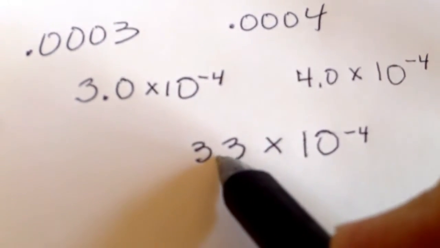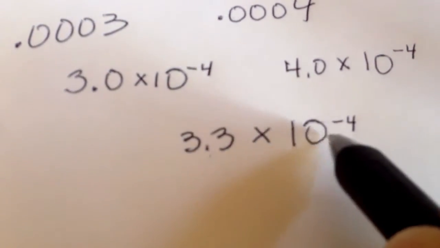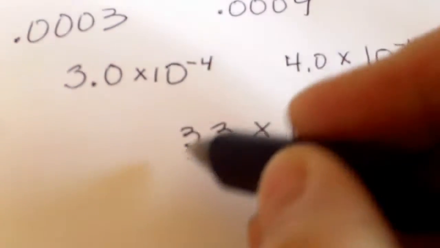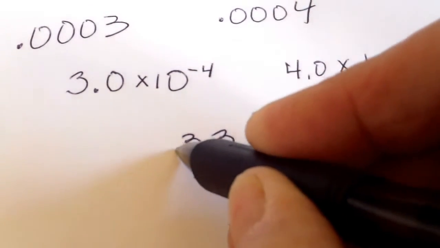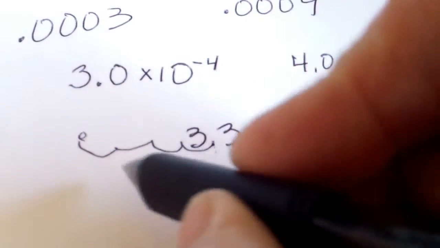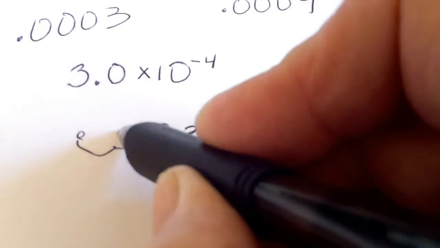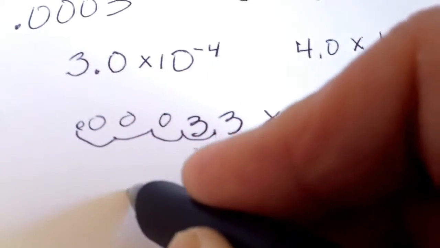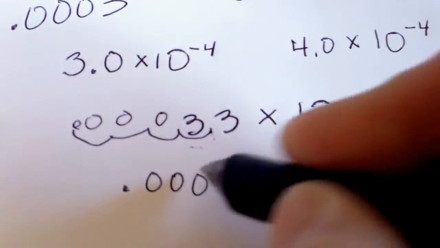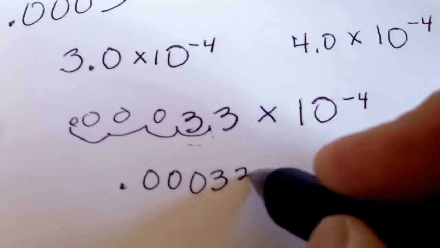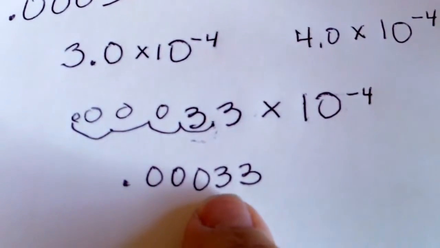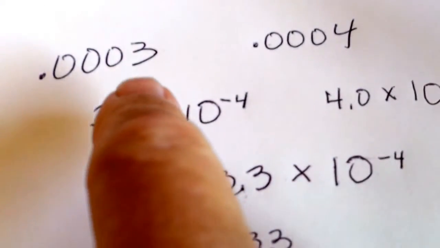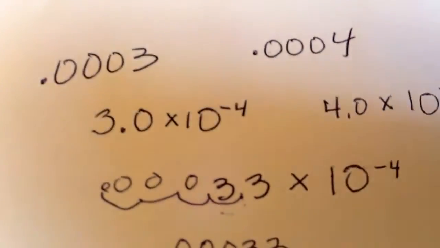If I take the decimal and move it backwards 4 places, my new number is 0.00033. That number is between this number and this number.